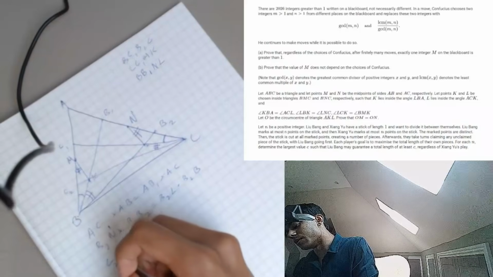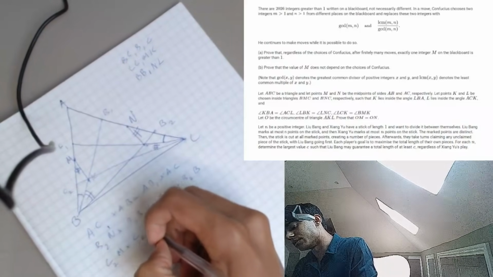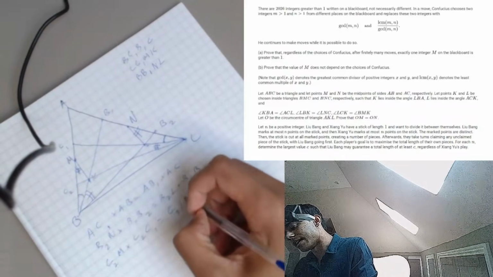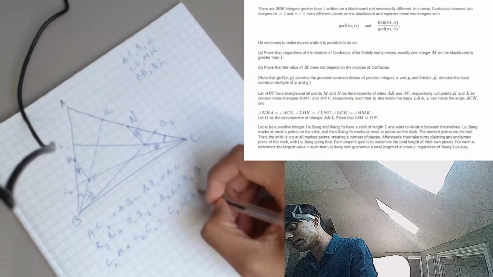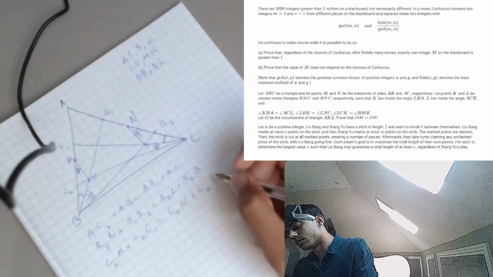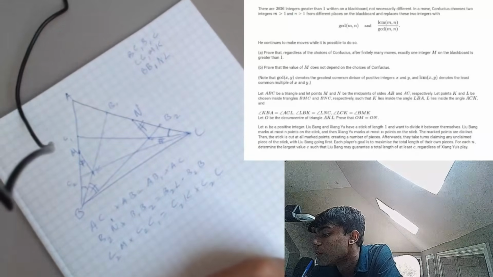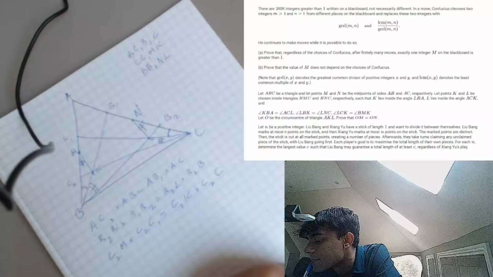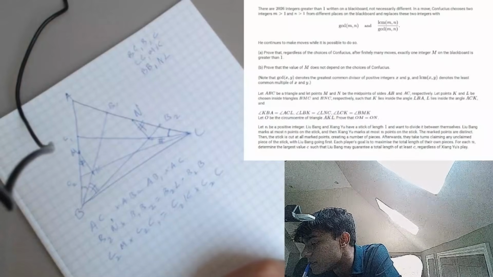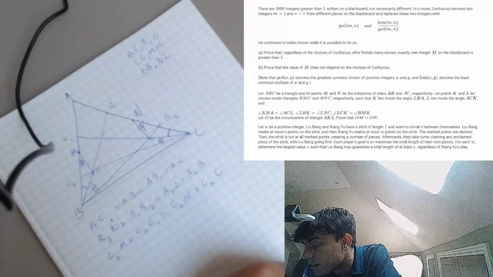C2M times C2C1 is C2K times C2C. Okay, so this doesn't look very promising at all. Yeah, I don't think this is the play.